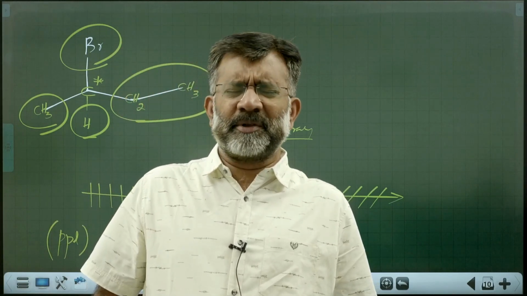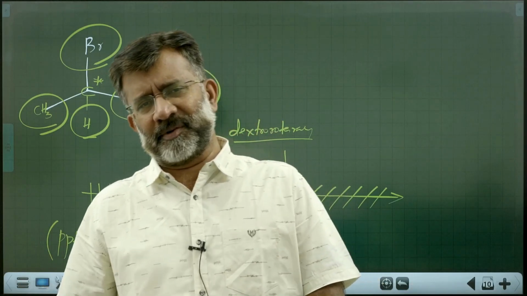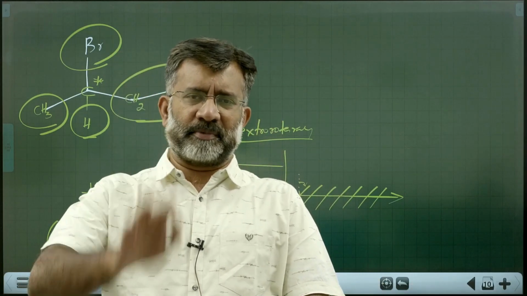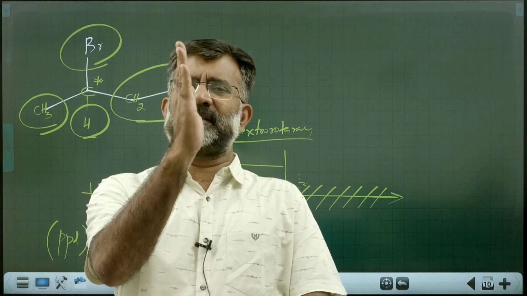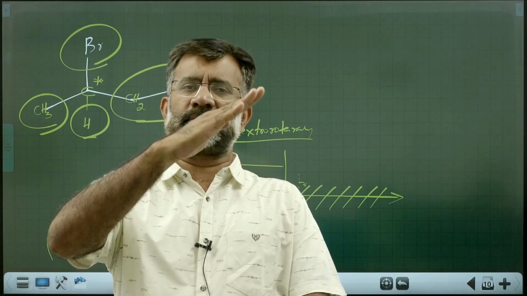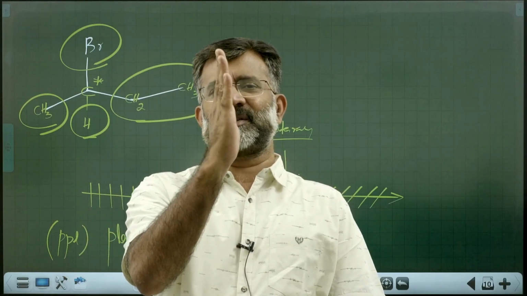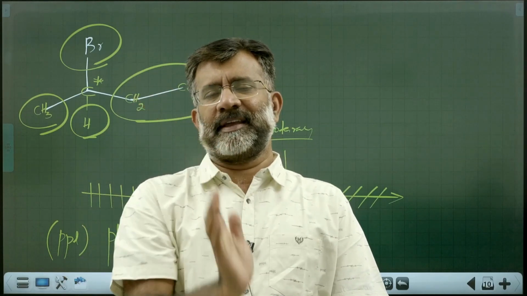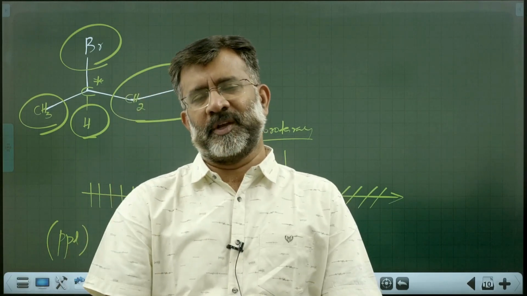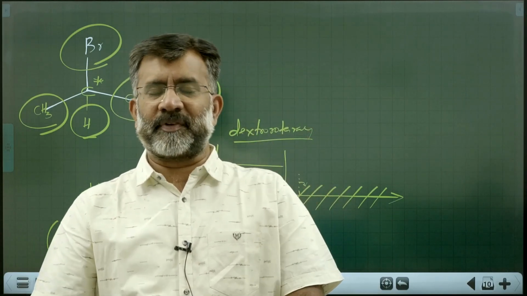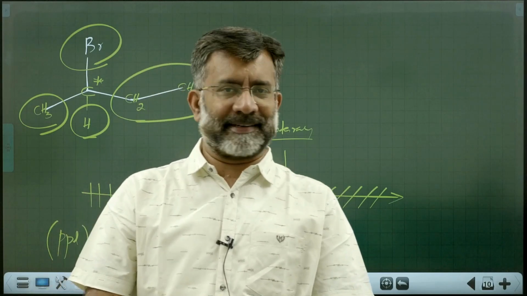Many biomolecules, almost all biomolecules, are optically active compounds. Glucose rotates the plane of polarization towards the right. Fructose rotates the plane of polarization to the left, hence it is called levulose. Glucose is called dextrose, fructose is called levulose. Like that.